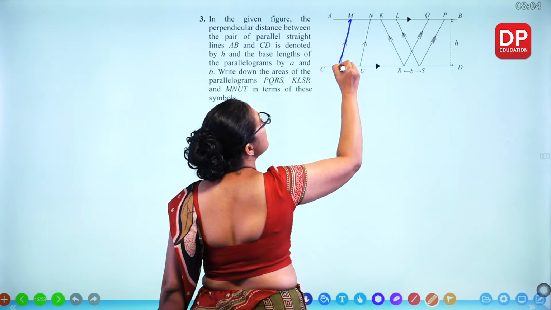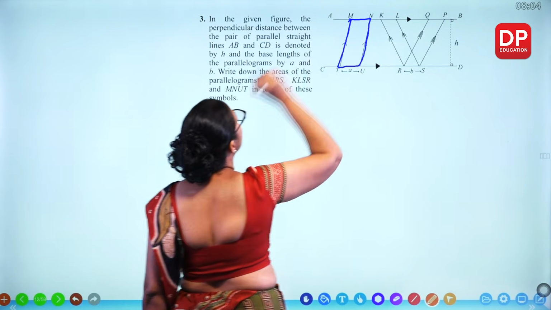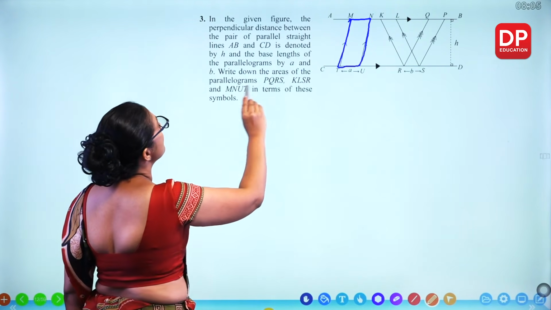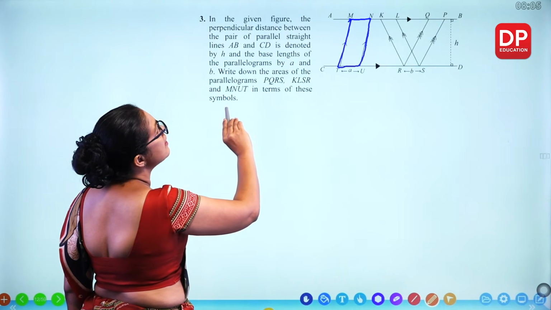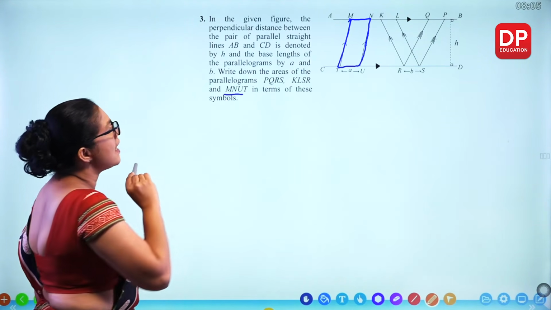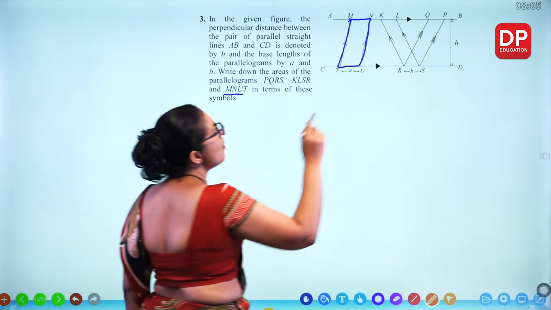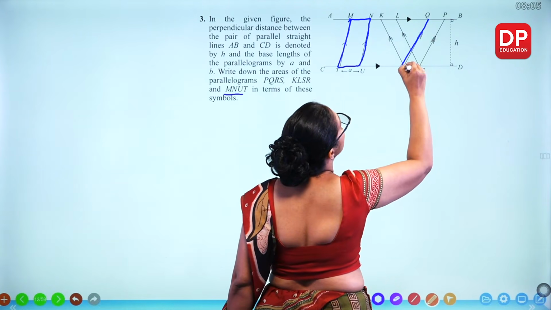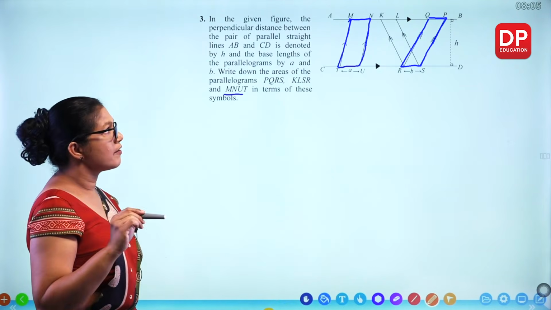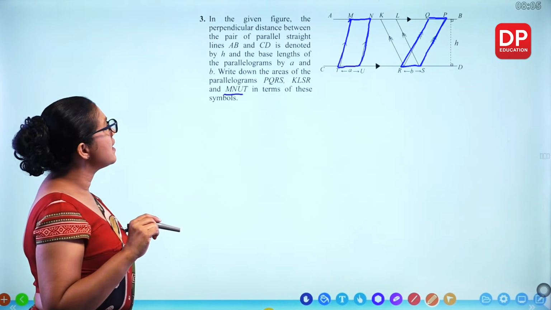So you have to take this parallelogram. What's that parallelogram? MNUT. And what's the other parallelogram? PQSR, this parallelogram.